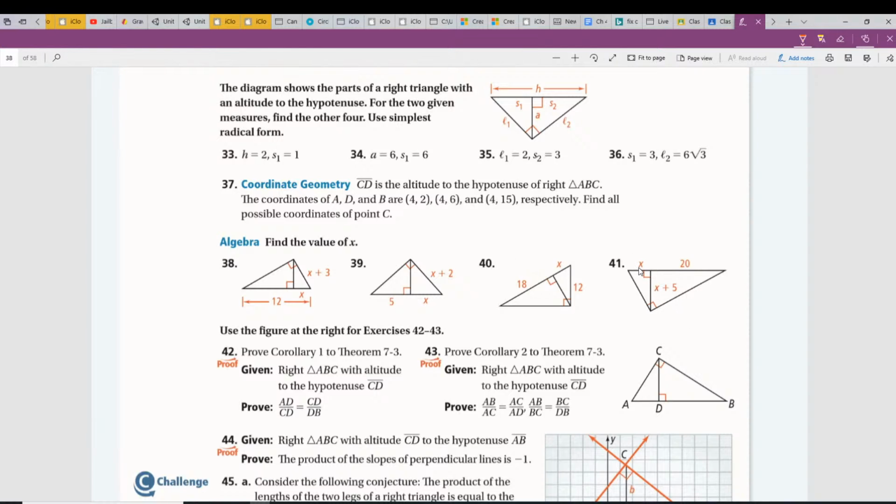So let's get started. But we only have one variable, so that's good. I know the triangles are similar. Let's take this small triangle, and I'll just take the other small triangle.